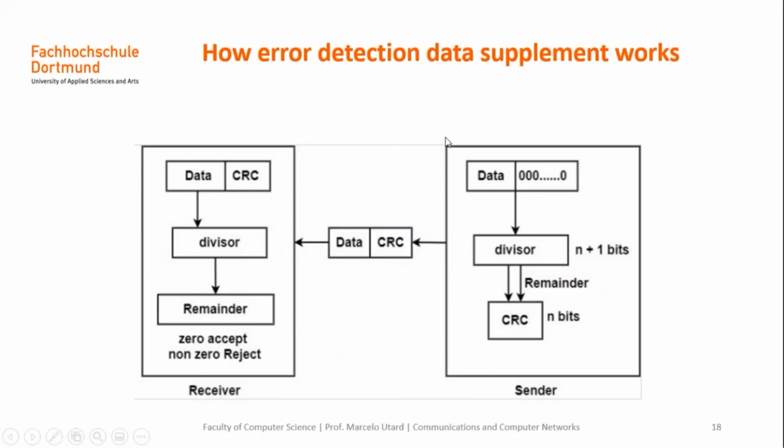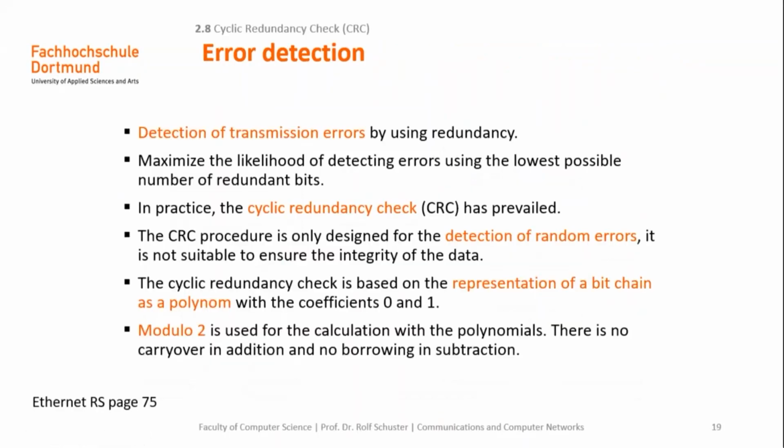That is, those n bits are redundant information, because this information is deduced from this original information. Then this is not new information, but derived information from this one, and that's why we talk about redundant information.